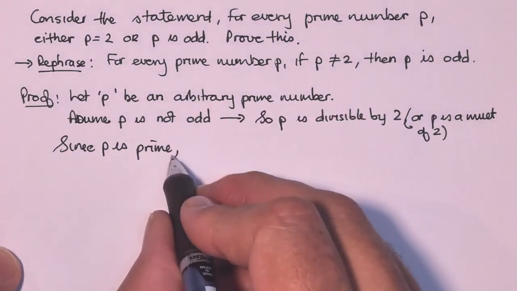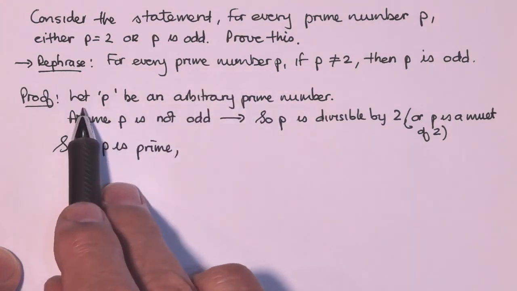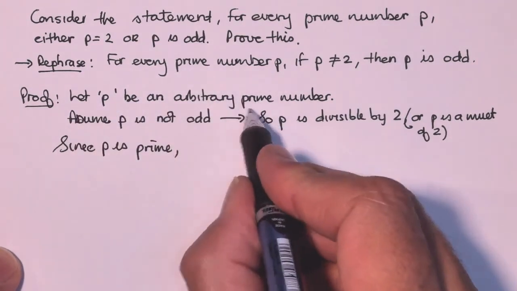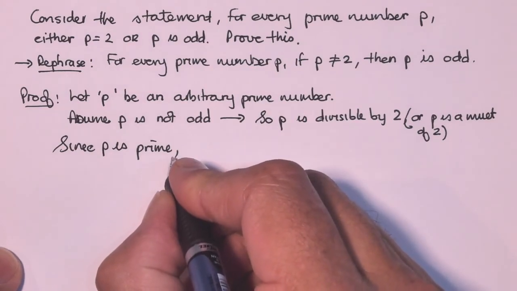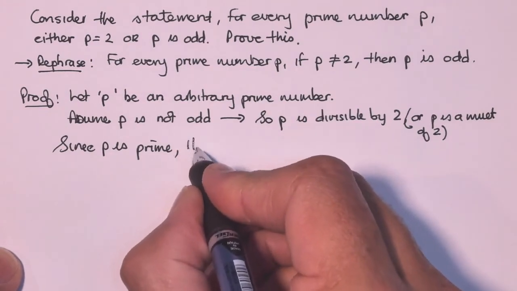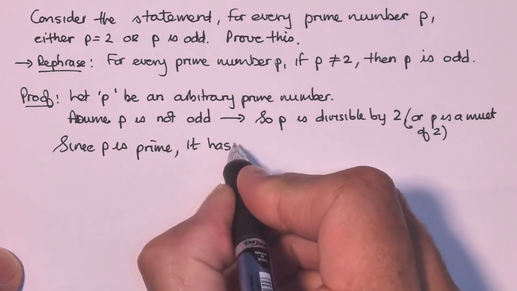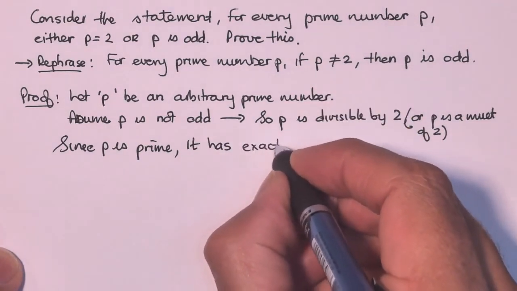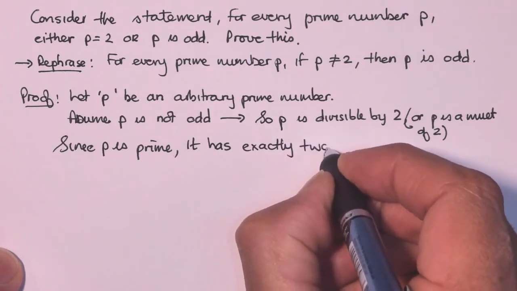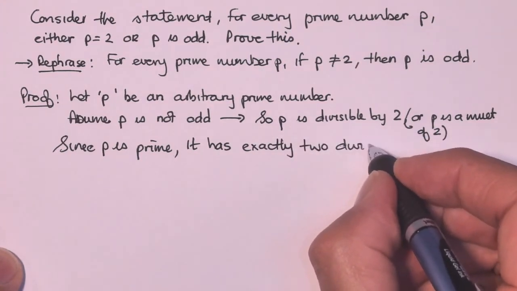So since it's prime, we're now zooming into the fact that it's a prime number. Since it is prime, it has exactly 2 divisors.